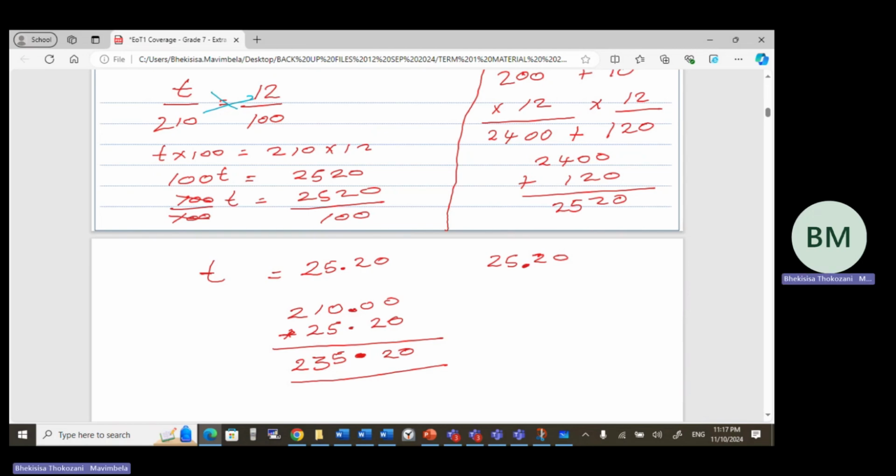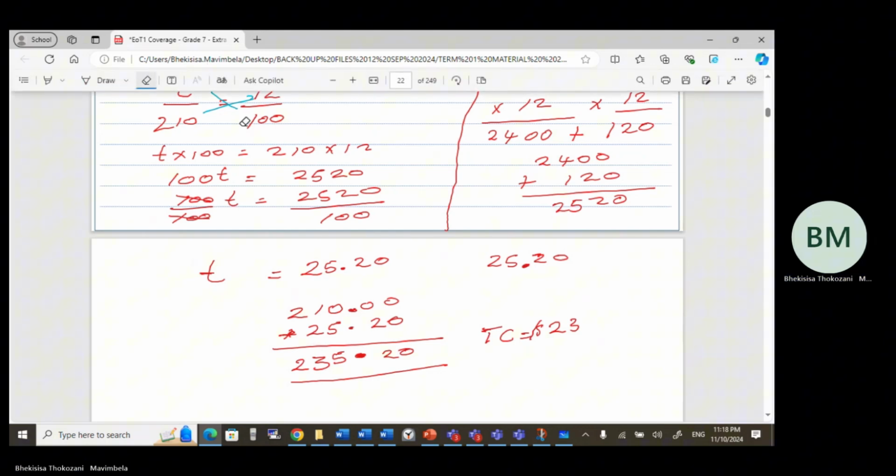So you have the total cost, TC, is equal to $235.20.